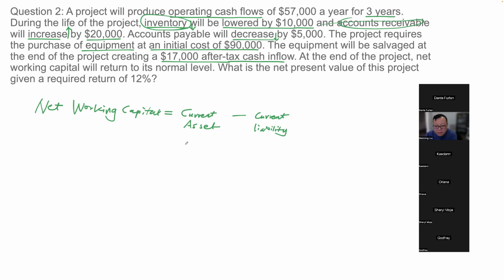AP, accounts payable, is the current liability. What about inventory? Current asset, yeah.